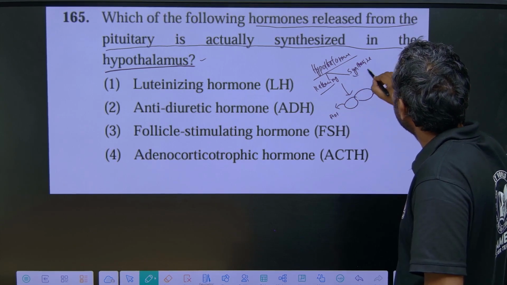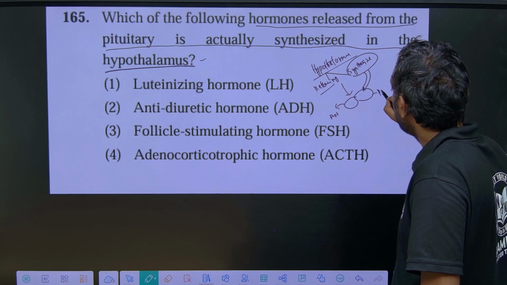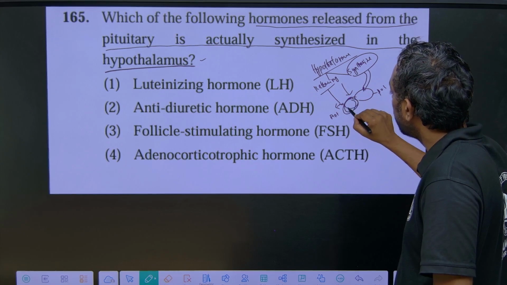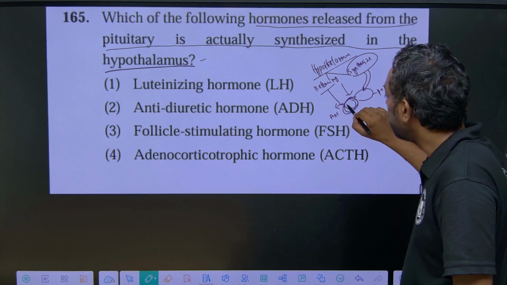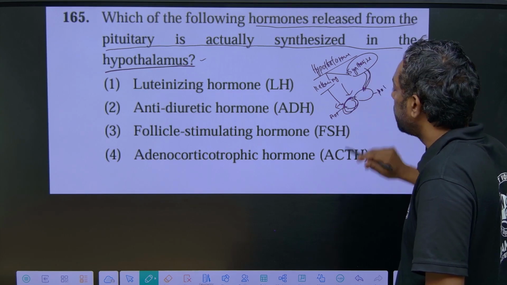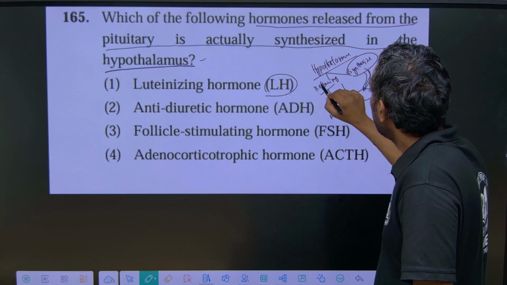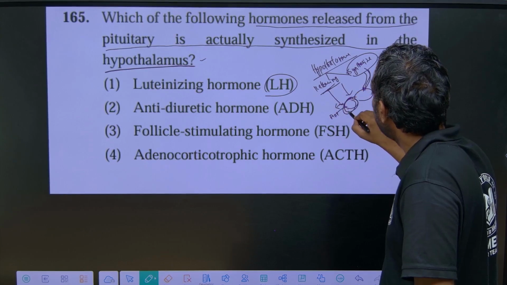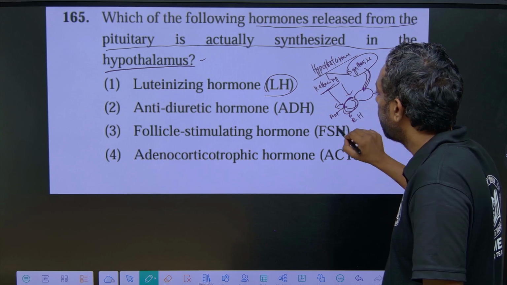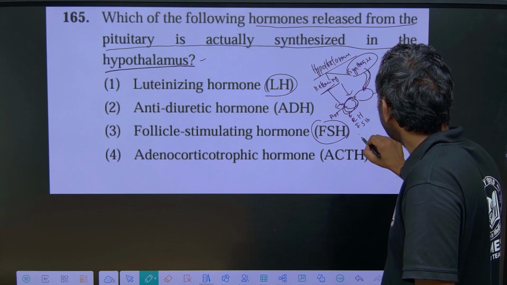The synthesized hormones from the hypothalamus are carried into the posterior pituitary, and the hypothalamus releases them, stored in the posterior pituitary. Here the luteinizing hormone, FSH follicle stimulating hormone and ACTH are produced in the anterior pituitary.